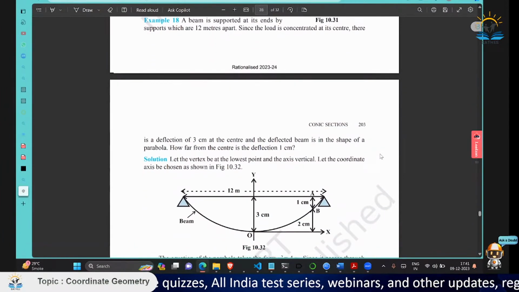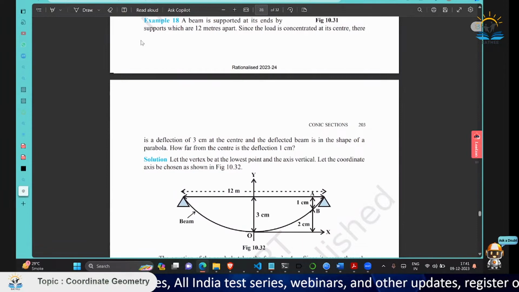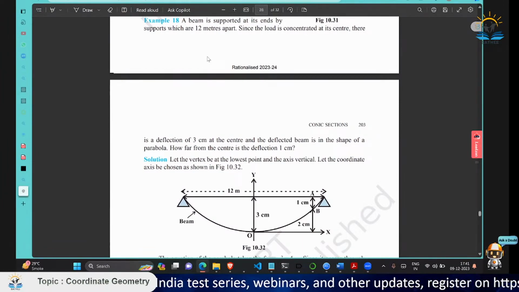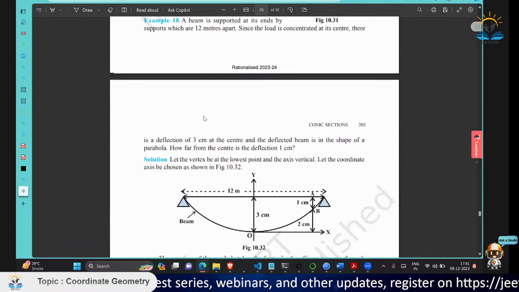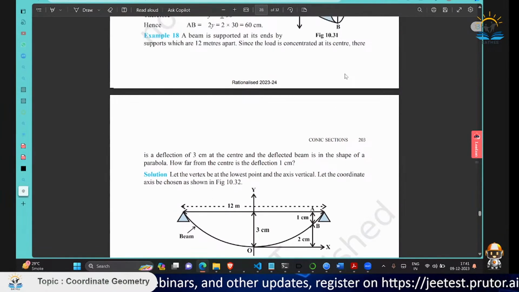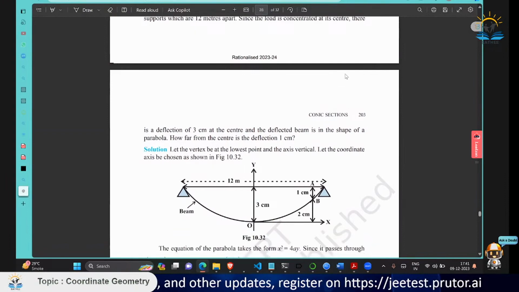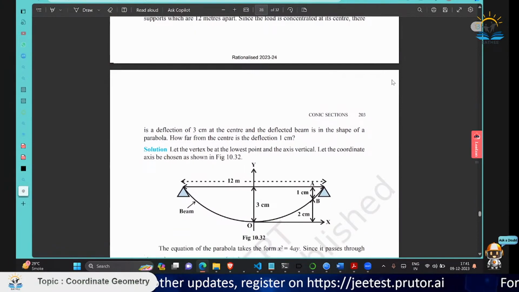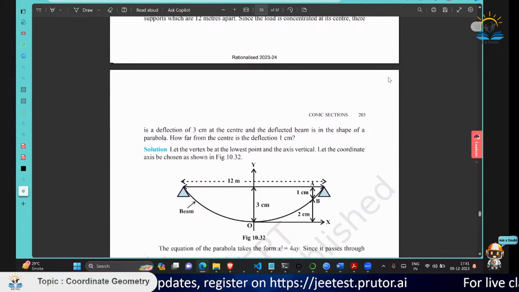A beam is supported at its ends by supports which are 12 meters apart. Since the load is concentrated at the center, there is a deflection of 3 centimeters at the center, and the deflected beam is in the shape of a parabola.